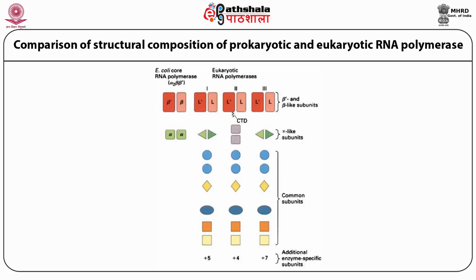The polymerase binds to the promoter region while the DNA is still in the double helical form, known as the closed promoter complex.